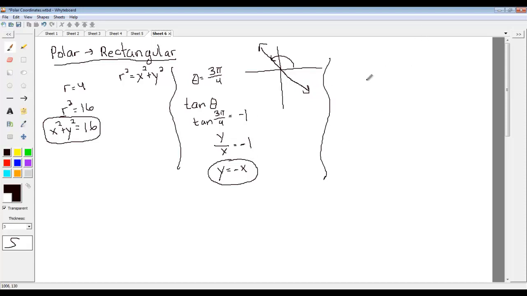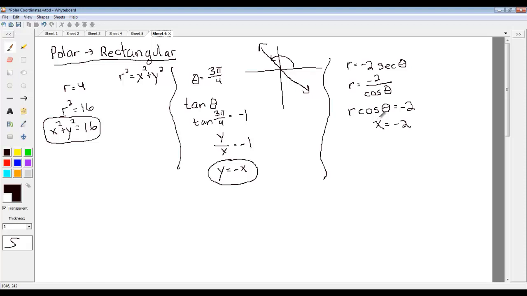All right, let's say you have something like r equals -2 secant theta. Well, there's those lovely secants, which we know is the same thing as 1 over cosine. So r cosine theta equals -2. That's convenient. R cosine theta is the same thing as x.